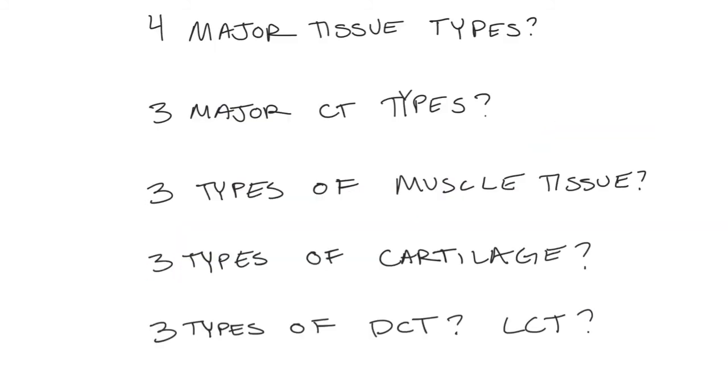Okay. All right, so this is just for you to go through and ask, can you name the 4 major tissue types? There's a lot of lists to go through, and it's easy to get them mixed up. You may think, oh yeah, I know the 4 major tissue types, but you are naming the 3 different types of cartilage or whatever.